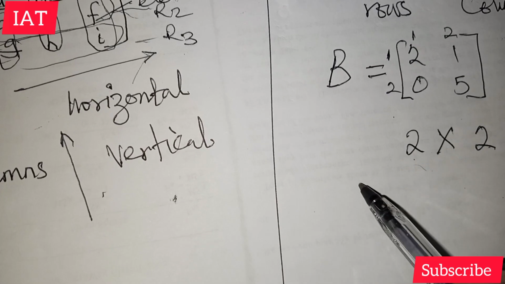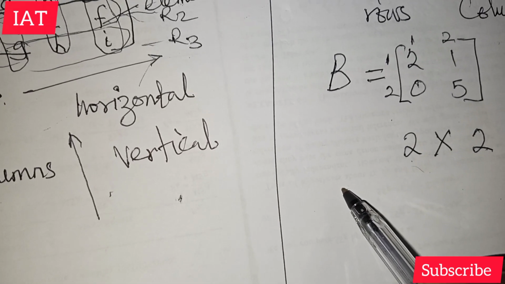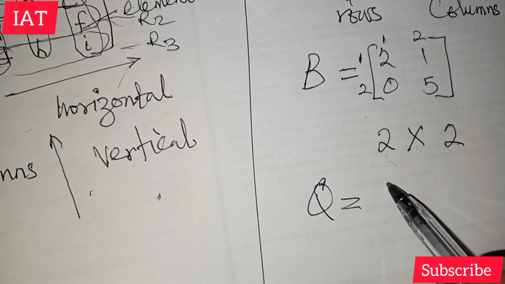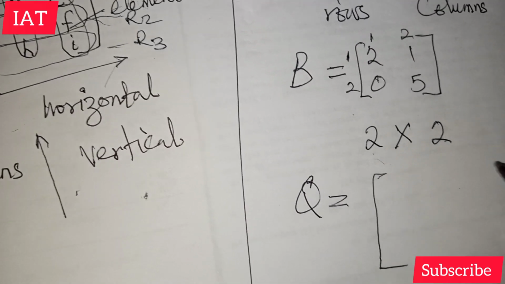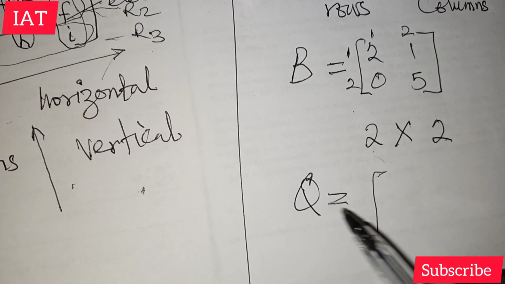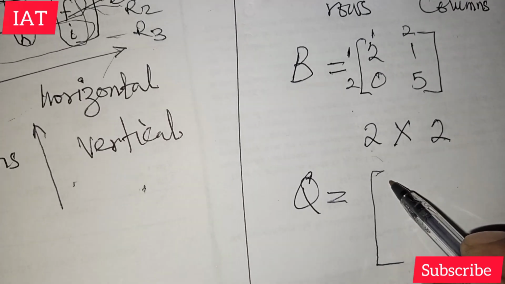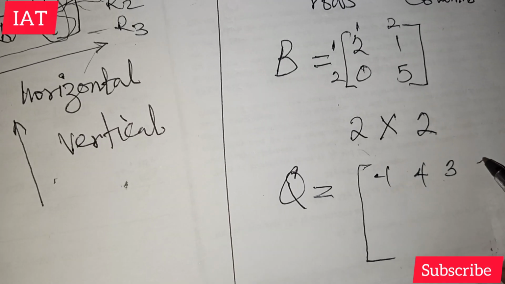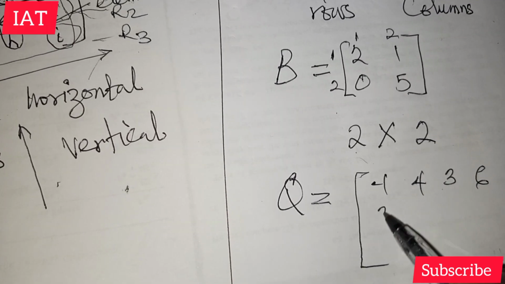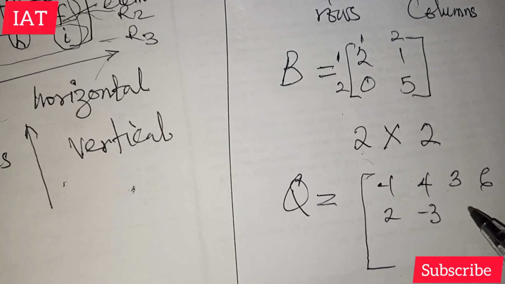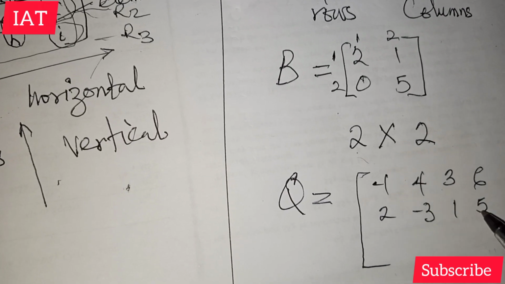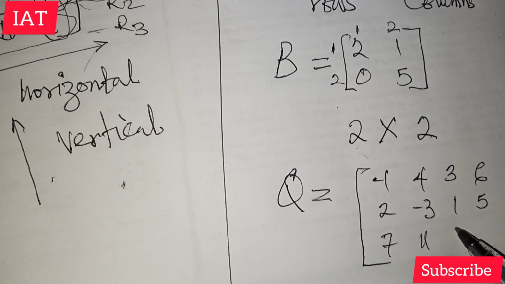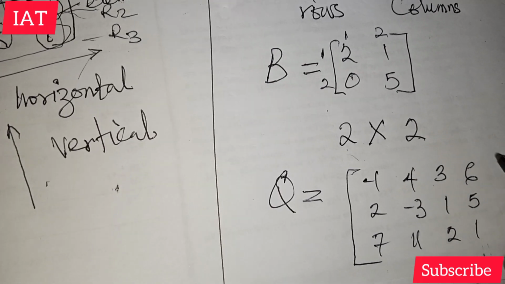Let me give you another example to see if you can really grasp this. Let's say matrix Q has these numbers: minus 1, 4, 3, 6, 2, minus 3, 1, 5, 7, 11, 2, 1.